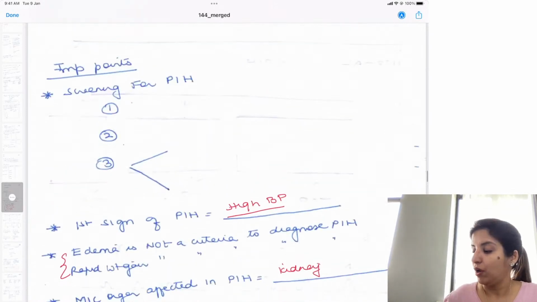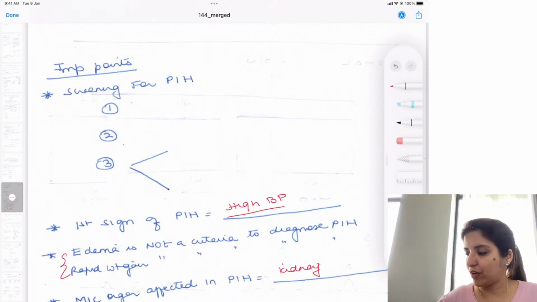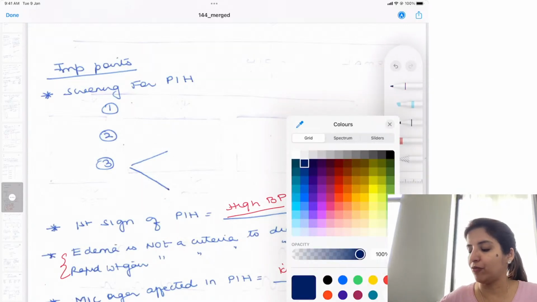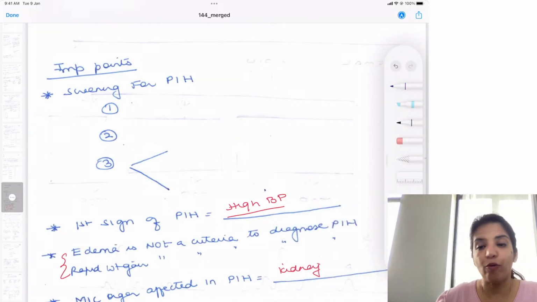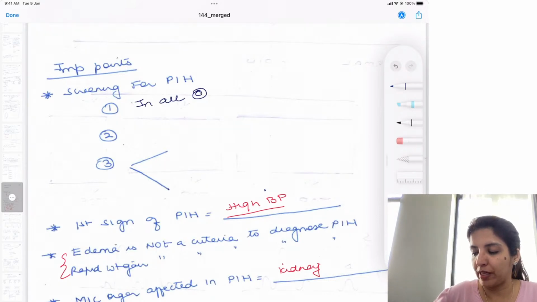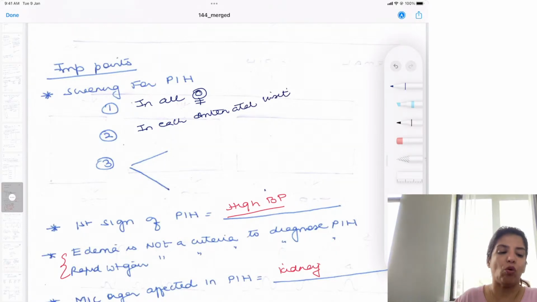Now, screening for PIH. If I ask you, how do you go for screening for PIH? Screening for PIH should be done in all pregnant females, in each antenatal visit.